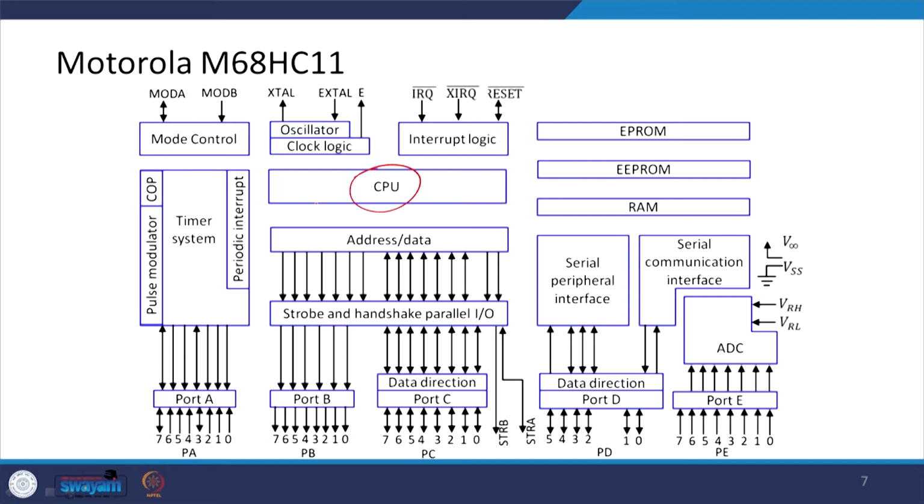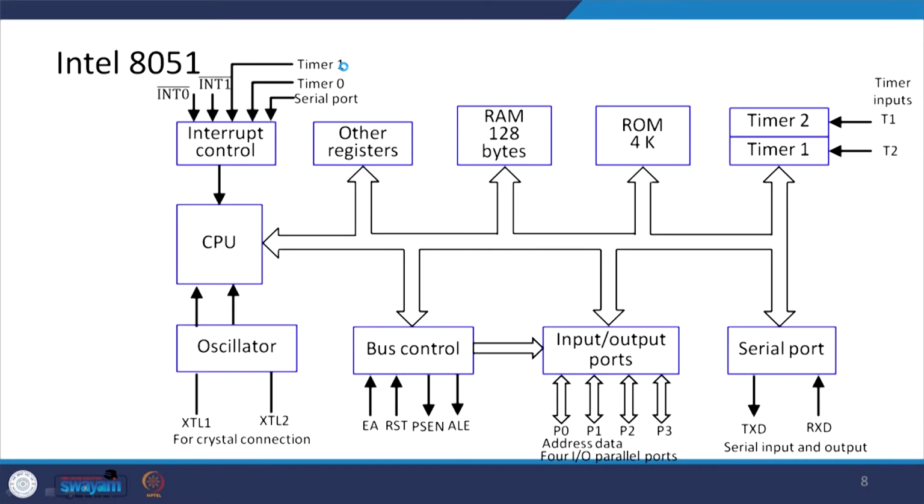So, you have the CPU, you have all memory devices over here, and you have say timer system over here, and you have the serial peripheral interface, serial communication interface, all these, and here address and data is there. Okay. So, this is the architecture for Motorola M68HC11.